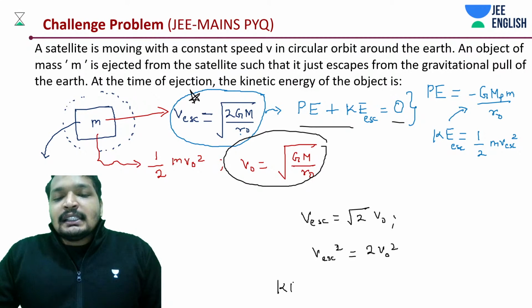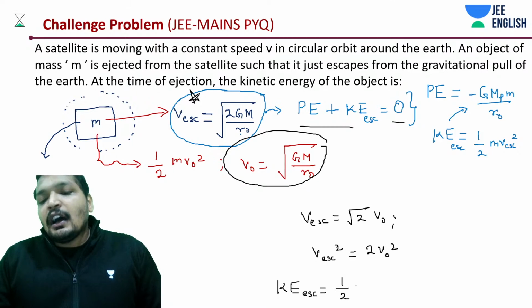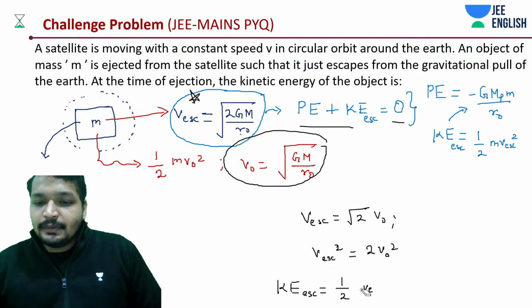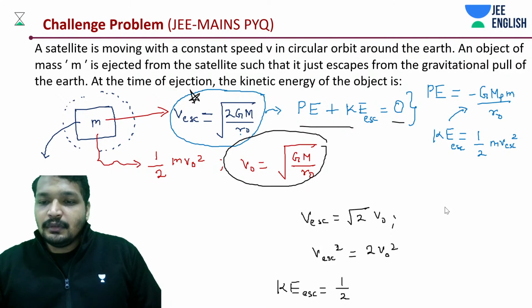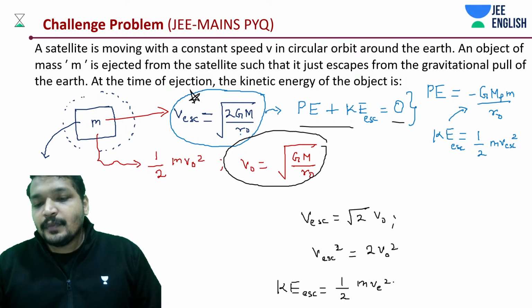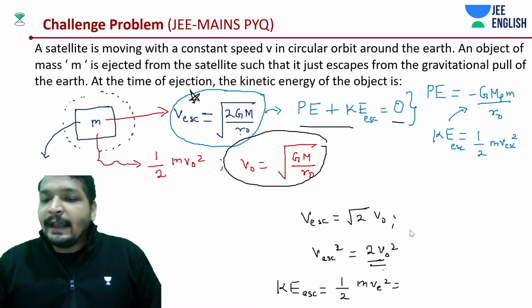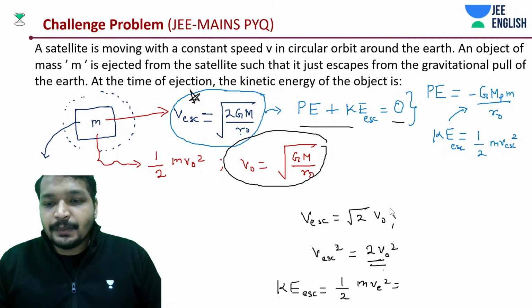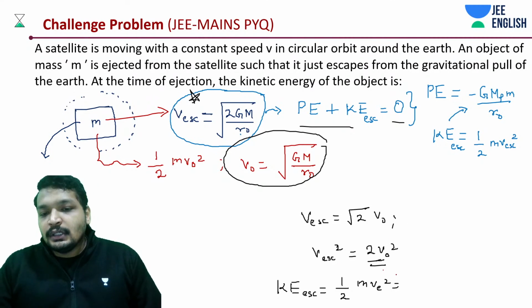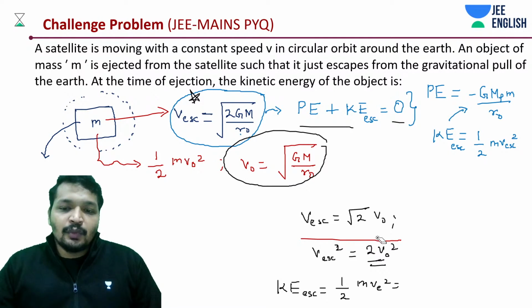So kinetic energy during your escape is going to be half m v escape whole square. Once you substitute this value, it is going to be m V0 square, of course. You know this thing, so yes, that also works.